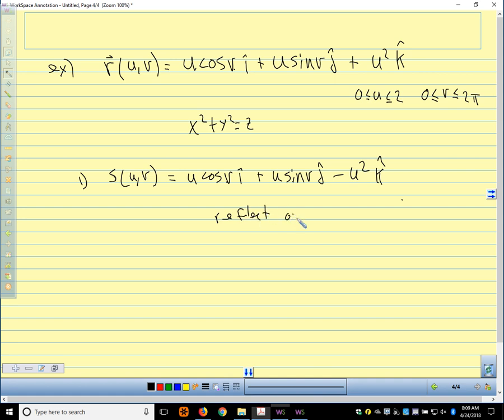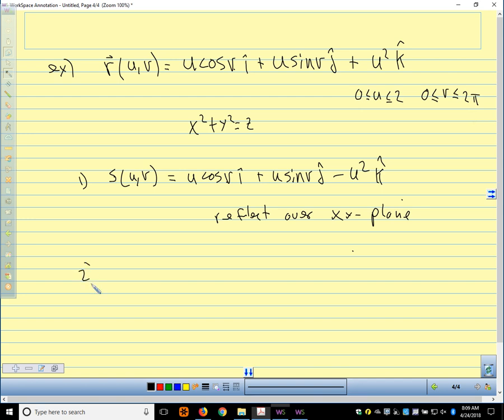And the fact that we have 0 less than or equal to u less than or equal to 2 and 0 less than or equal to v less than or equal to 2 pi gives us just the upper portion of the cone.